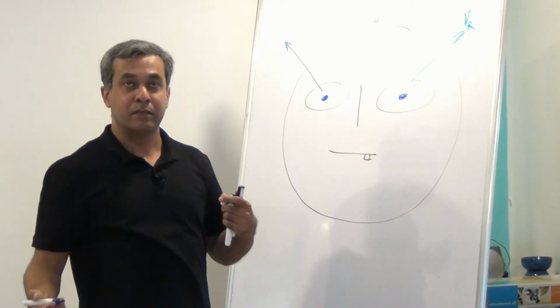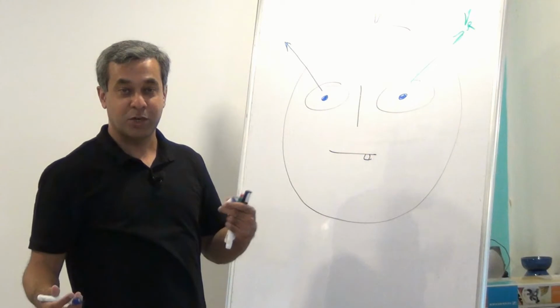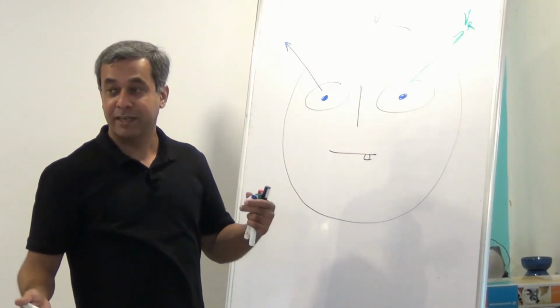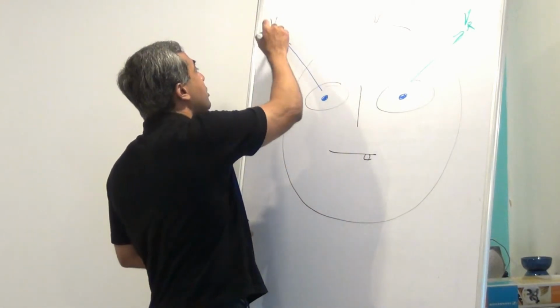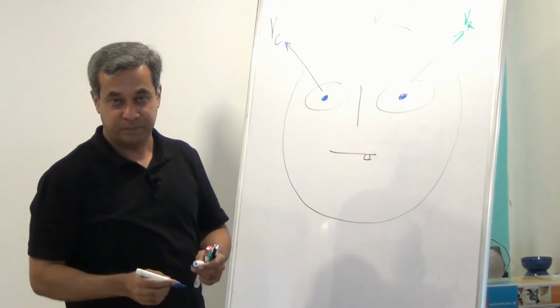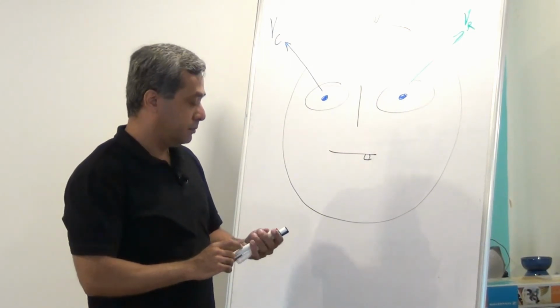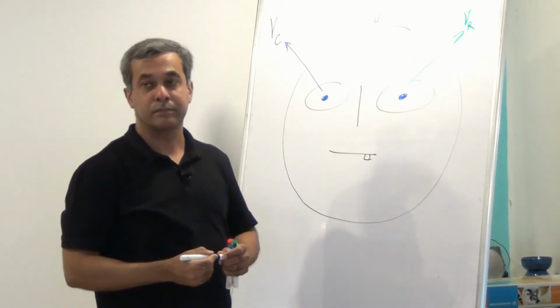For example, seeing Donald Trump with pink hair. You've obviously not seen him with pink hair, so you'll have to create an imagination of seeing him in pink hair. That would be called visual construct, VC. So this one basically deals with imagination.